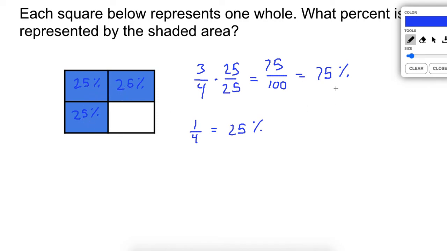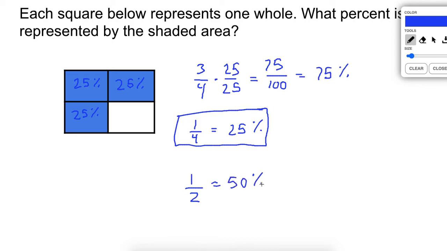That would end up being 75%. If you remember this, that's going to make your life easier with some of the other problems you'll do on Khan or IXL. Another important one is knowing that half is 50%. We call those benchmark percents. We're going to be doing some activities with those later. These benchmark percents, 1/4 is 25%, 1/2 is 50%, are important ones to know and understand.